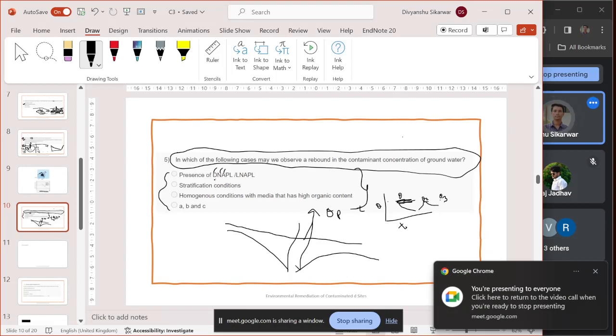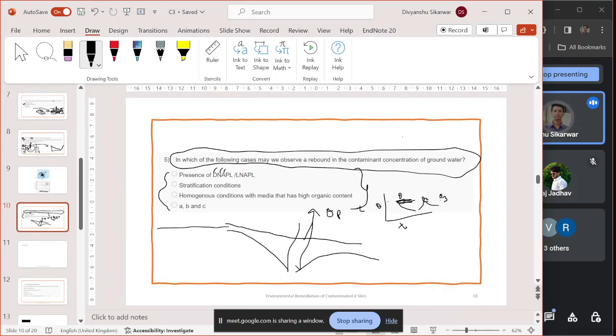Basically, if we study, there are three mechanisms. The primary is if the contaminant which is present in groundwater can get dissolved in the groundwater. If it is aqueous, the contaminant gets dissolved in the groundwater, then normal pumping is sufficient.